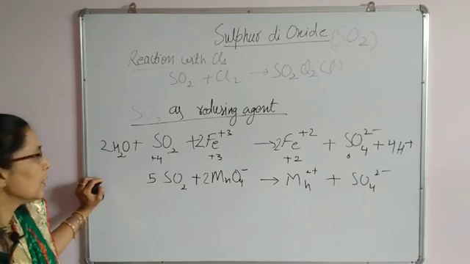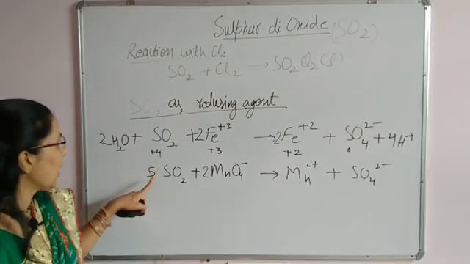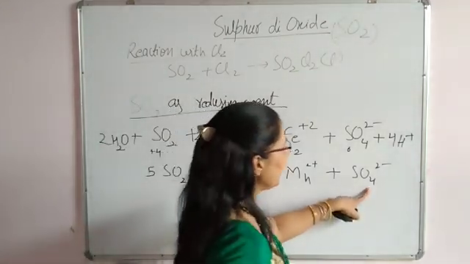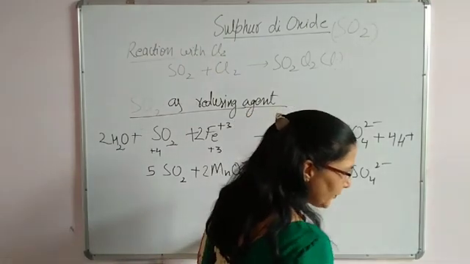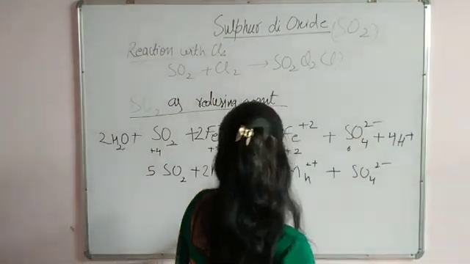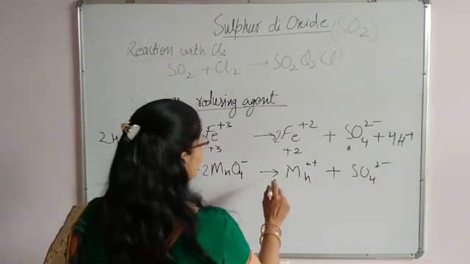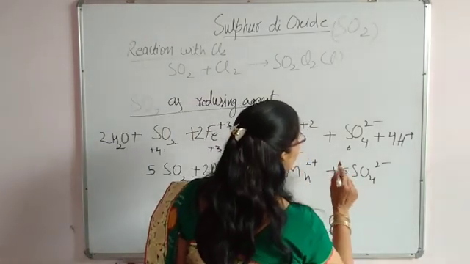Okay, now you need to balance oxygen first. 4 times 2 is 8 and 5 times 2 is 10, so it is 18 here and only 4 there. The first point we are forgetting is to just balance Mn. Mn means 2 will come here. Balance sulfur, 5 will come here.